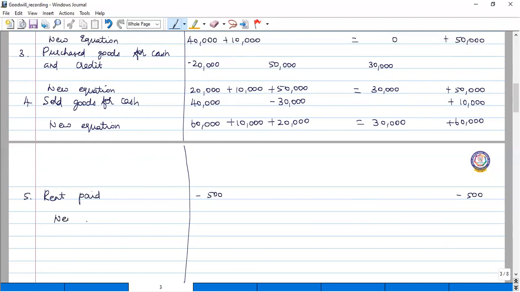So now new equation equal to 59,500 cash in hand, 10,000 cash at bank, 20,000 stock value, which is equal to 30,000 of liability plus 59,500.